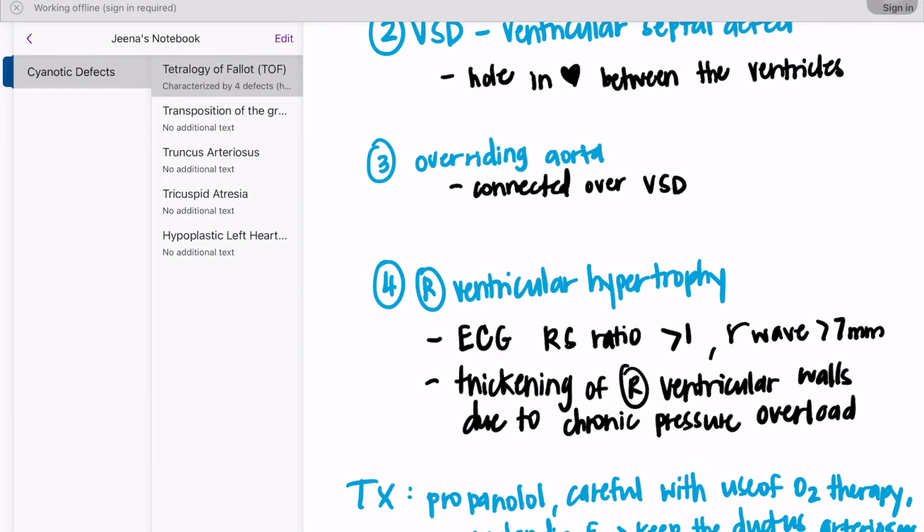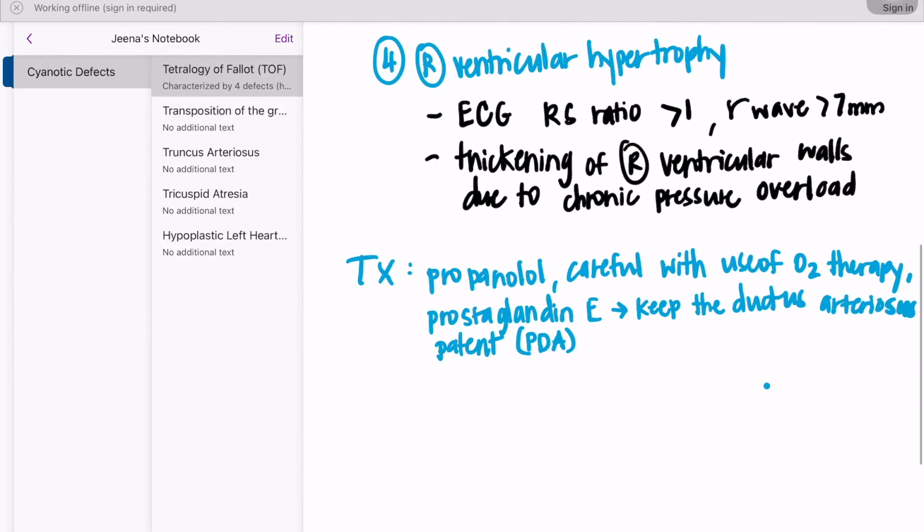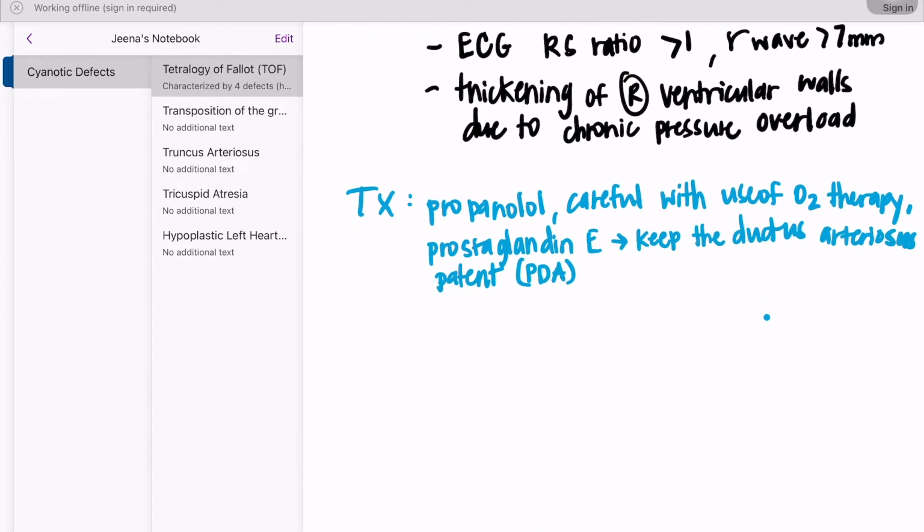So you want to keep the PDA open, patent ductus arteriosus. Okay, you want to keep it open because this is going to help them to oxygenate the blood. It's a fetal shunt that goes away with time, but for these babies, you want to keep it open until they're able to repair the defect.